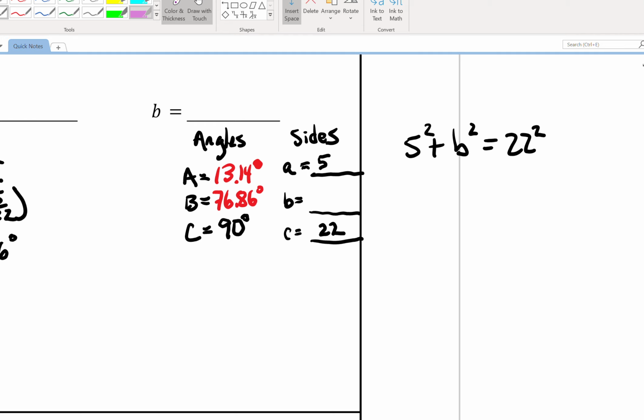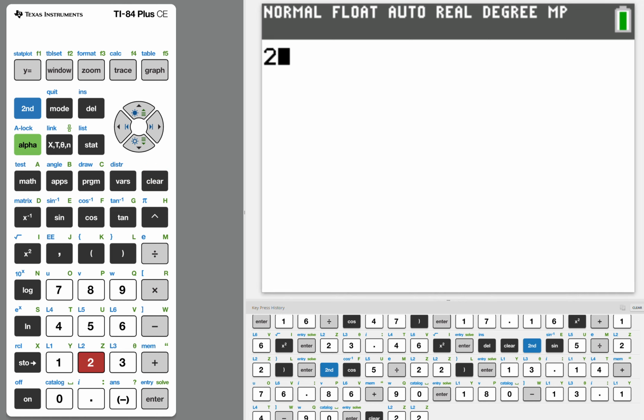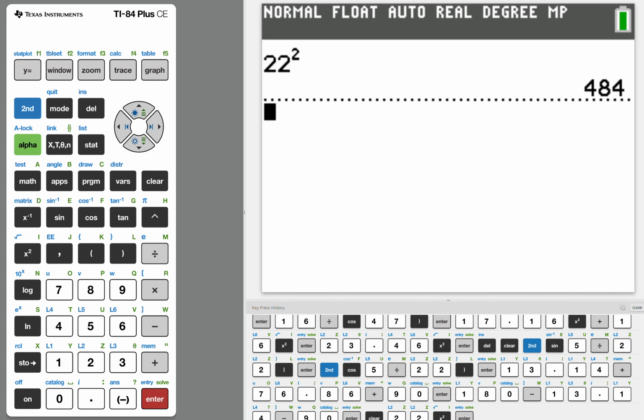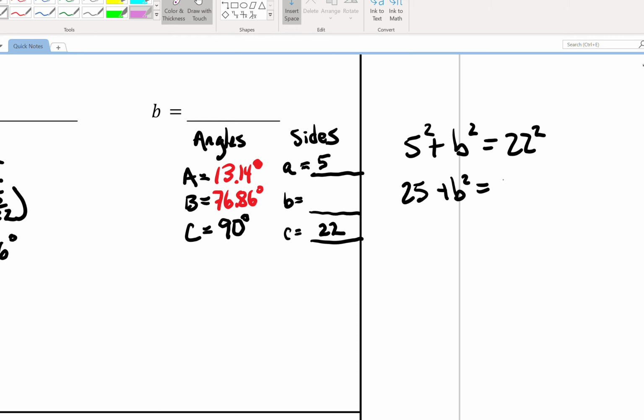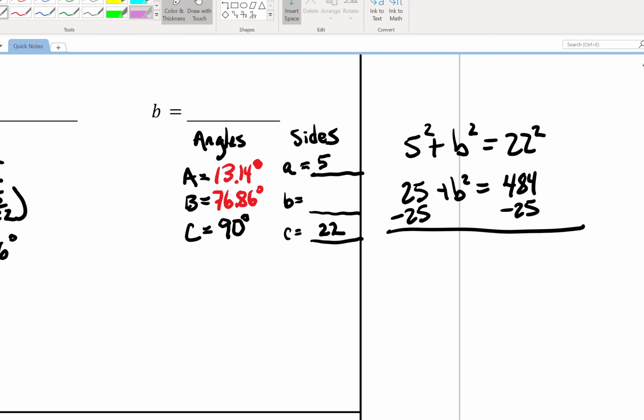And so this gives me 25 plus b squared is equal to 22 squared. I don't have that memorized, so let's see, 22 squared, that's 484. I subtract 25 from both sides. 484 minus 25 is 459. So b squared equals 459.